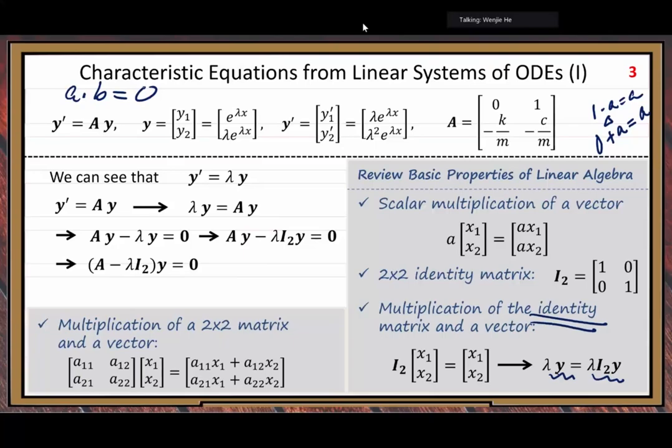Now, we are in the two-dimensional world. So here, a 2 by 2 matrix times a two-dimensional vector equals 0. What conclusion can you get?